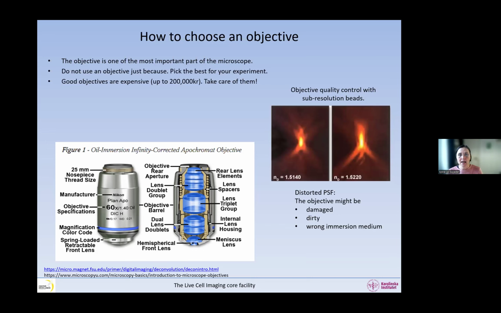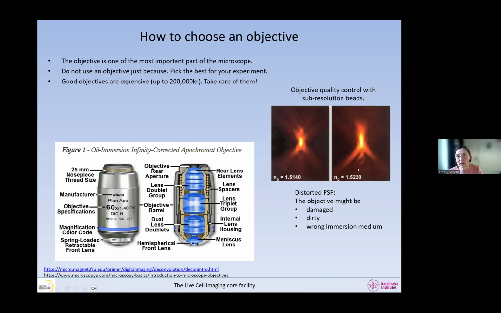You can see in here these two point spread functions, and this one is clearly distorted compared to that one. These are real measurements. Actually the difference between these two is the change of refractive index of the oil put on the objective. So you can see the dramatic effect that this has on the point spread function. And we do quality control of our objectives with sub-resolution beads.